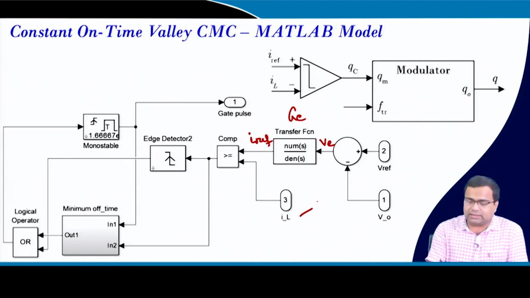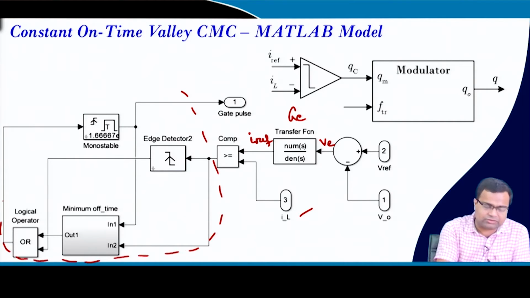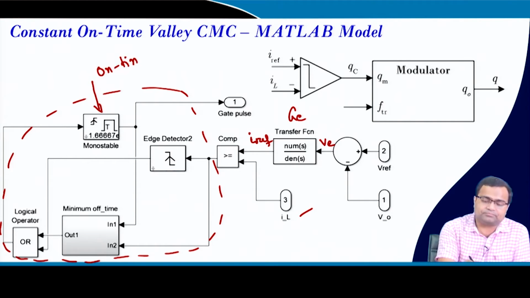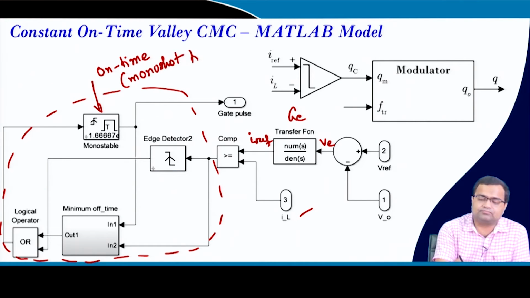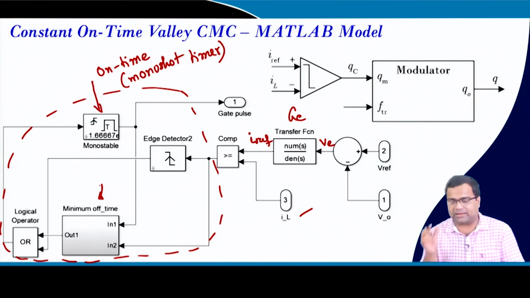So here this is the block which is our modulator, like constant on time modulator, and here we are setting the on time, and using a monoshot timer, okay, and then here this block is used to set the minimum off time, okay.